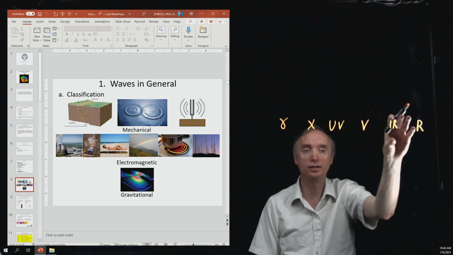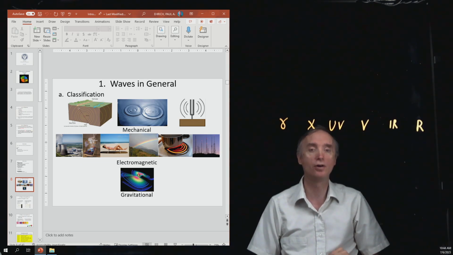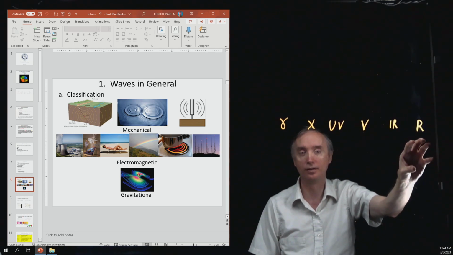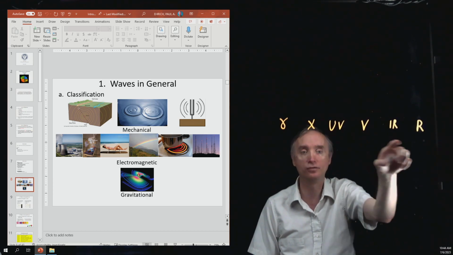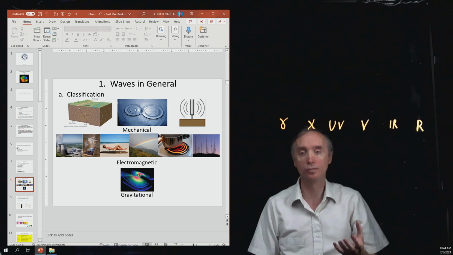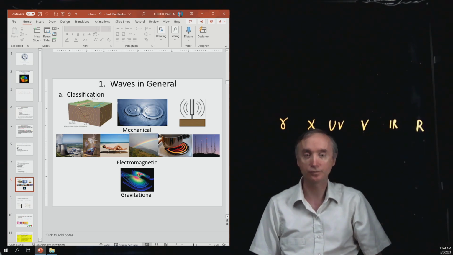So all of these are different kinds of light. Normally you don't call a radio wave a light wave, but it really is. All of these are different forms of light. The one that we're most familiar with is visible light.